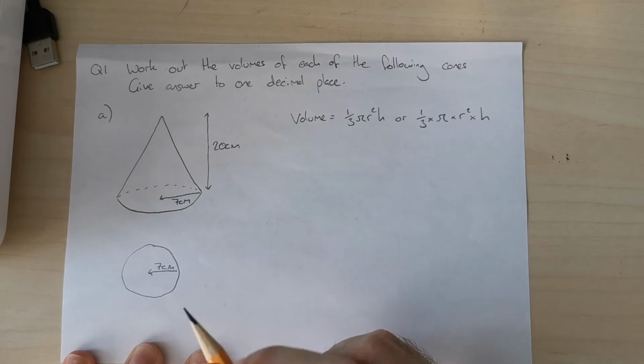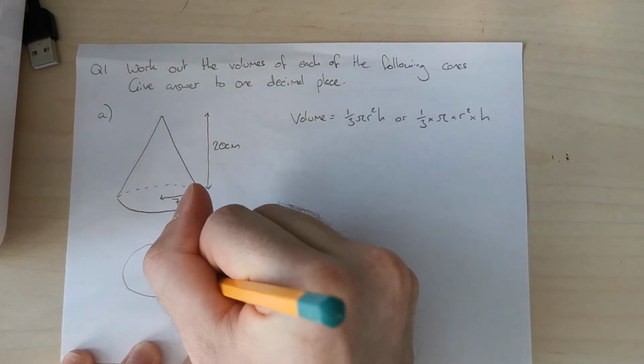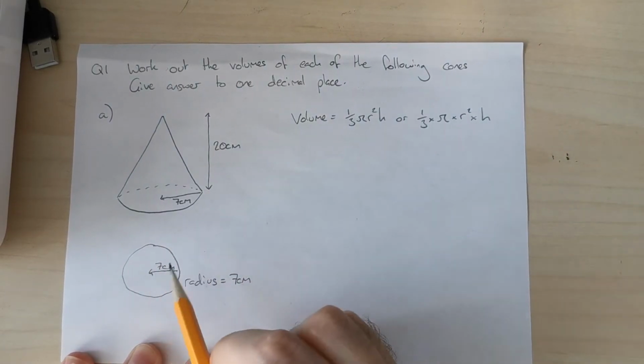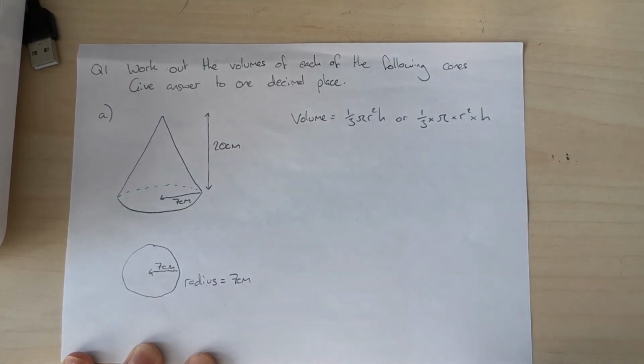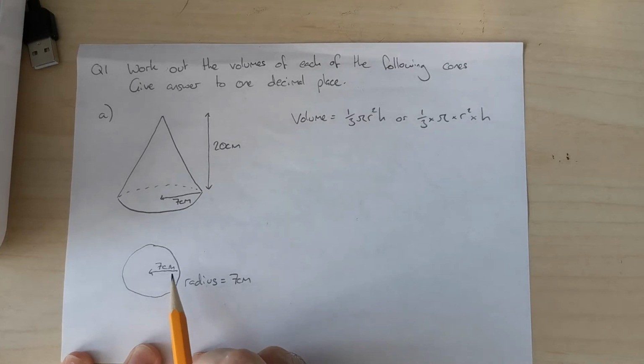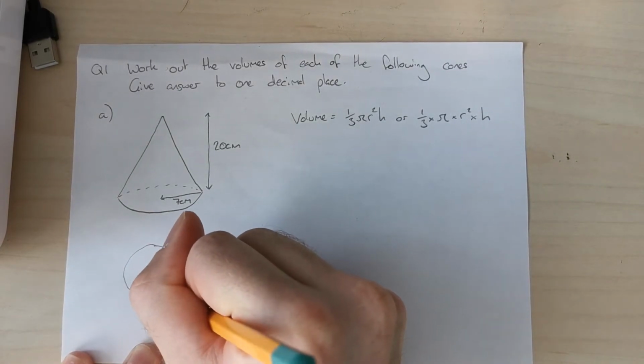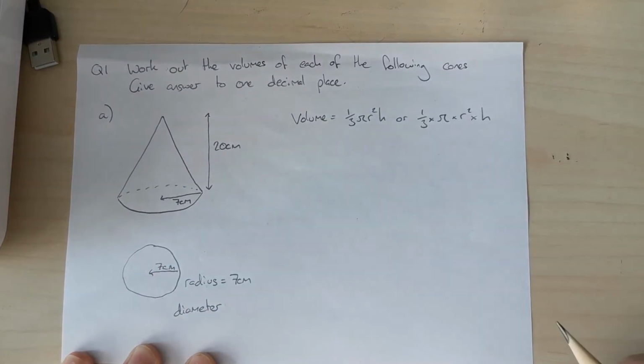A measurement that goes halfway across the circle is called the radius, and for us, our radius is 7 centimeters. If we're given a measurement that goes all the way across the circle, this would be called the diameter.